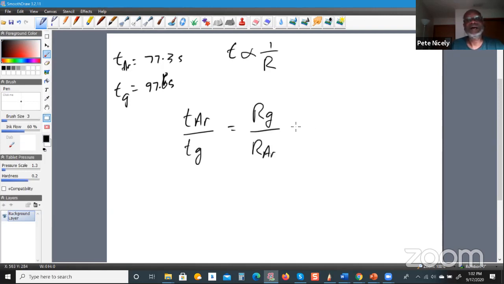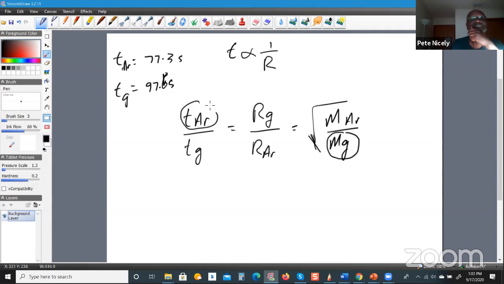And based on Graham's law, this would be equal to the square root of the molar mass of argon divided by the molar mass of the unknown gas, all right? So basically, what the question is asking for is the molar mass of the gas. Now we know these two values here and here, and we can look up the molar mass of argon here. So basically, we have to do some algebra to solve for Mg.